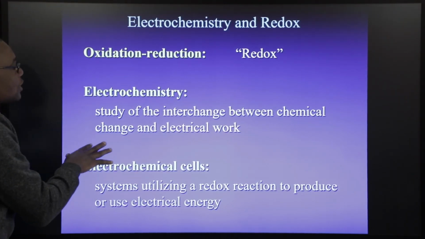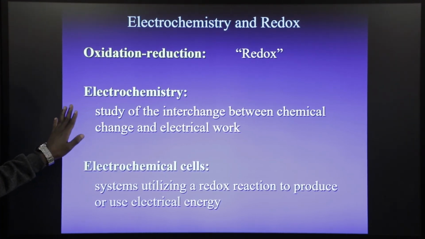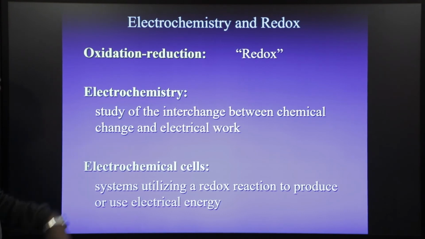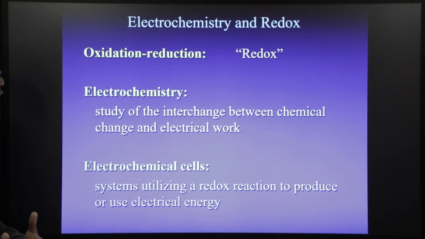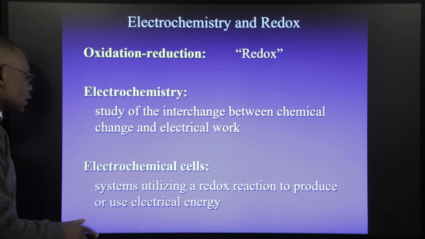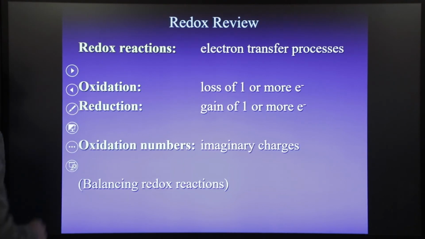So we are simply saying that in electrochemistry, we are using electrochemistry to study the interchange between chemical change and electrical work. Okay, and where we have electrochemical cells, we use systems utilizing a redox reaction to produce or use electrical energy. And how do we do that?